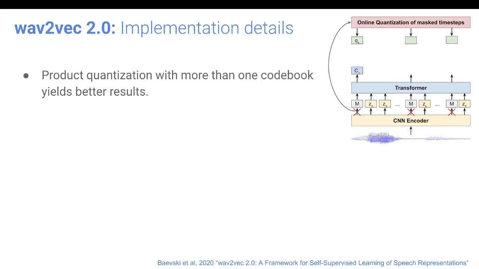This way it has better coverage of the space, because product quantization was shown to be much more effective in higher dimensional spaces. And you get these multiple codebooks, you will have multiple indices, you will embed them into different embedding tables, and you will concatenate the representations as your Q vector.